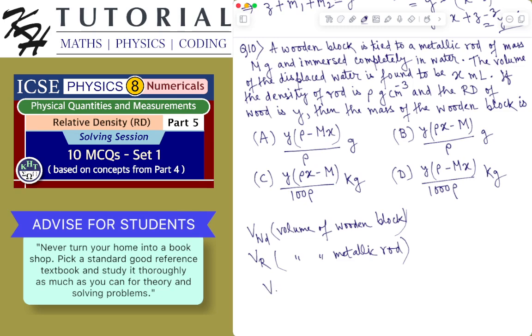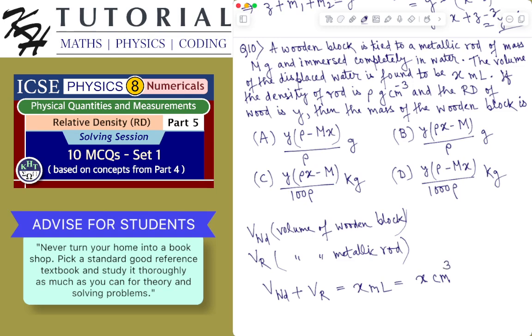So we have V_W plus V_R, that is the sum of the volume of the wooden block and the metallic rod, is equal to the volume of the displaced water, which is x ml, which is equal to x centimeter cube.